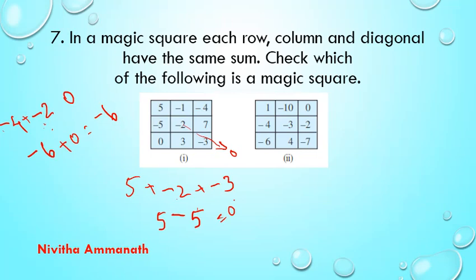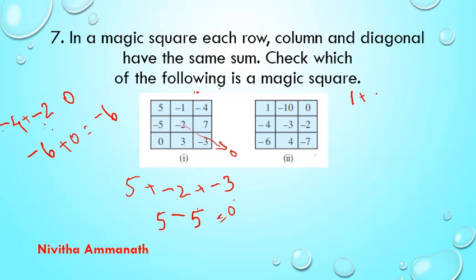So it is not the same. So it is not a magic square. Second question, can you do it? How to do it? Column wise and row wise you have to add, and then diagonals also. First we do the diagonals.